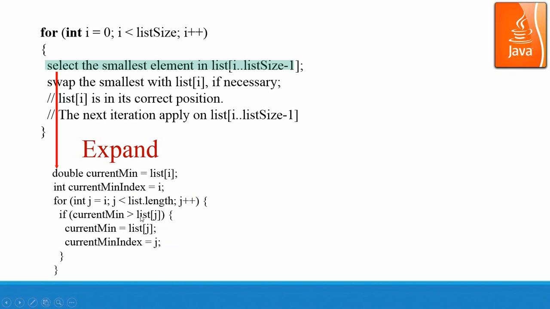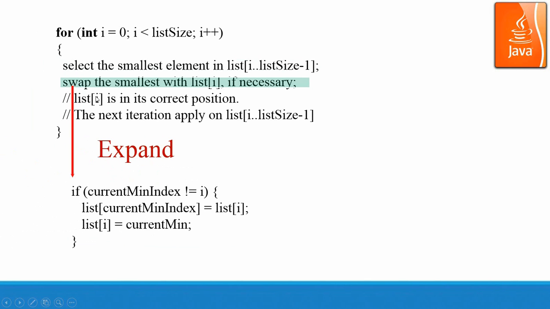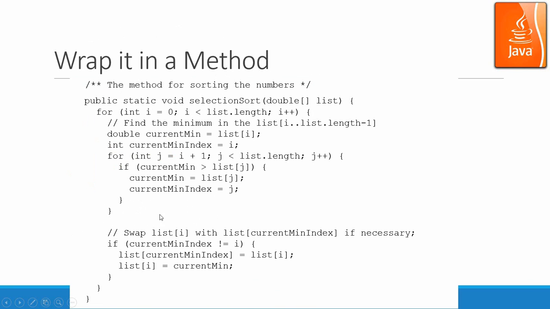So if we find an element smaller than the current minimum, we also keep track of its index. After that, we do swapping. If we found a minimum and the current minimum index is not the head element, then we swap the head element with the element at the current minimum index. The whole algorithm can be written down in Java like this.